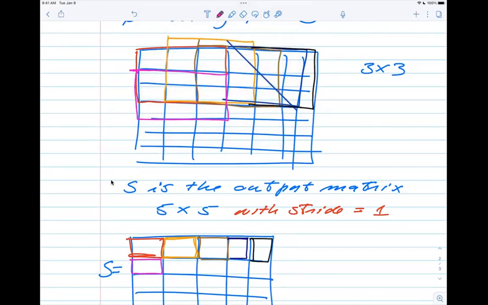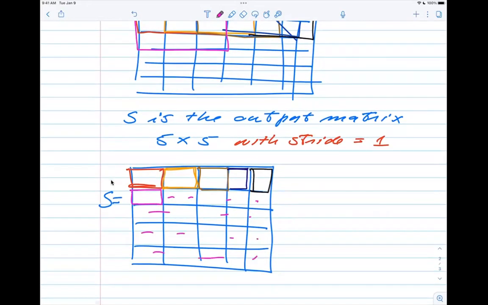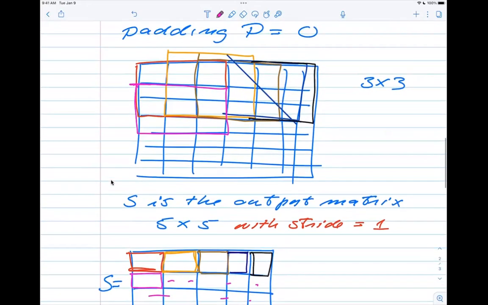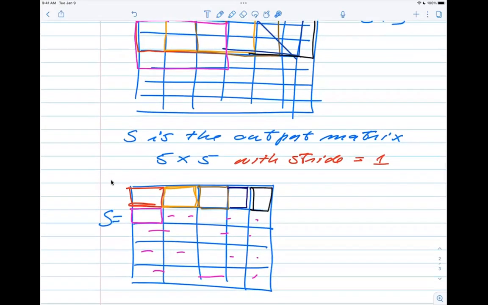And this just continues all the way till we have filled in all the different slots here by the convolutional process. So every time we perform these operations, there is a set of convolution processes which take place. It means that there is a 3 by 3 matrix here, which is convolved with a 3 by 3 filter. And the matrix element which we end up with in here and so on is the result of the convolution for every stage here. So this is with stride equal to 1.